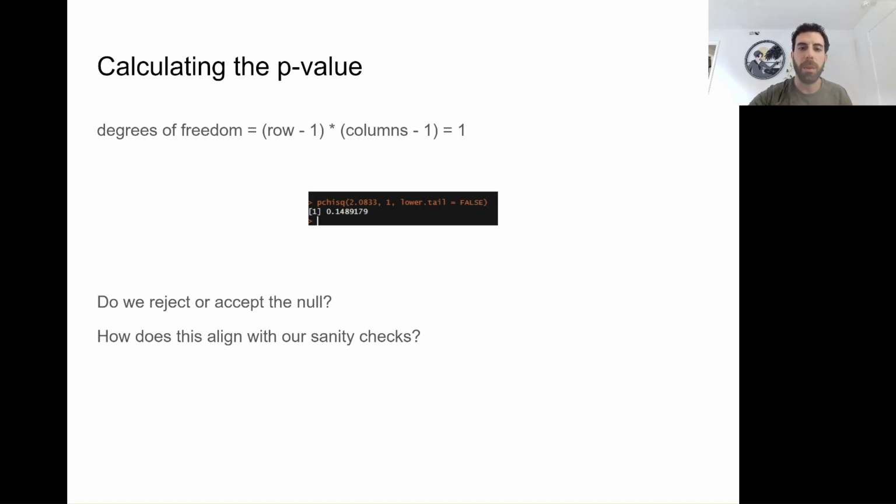In this case, there is some indication, right? Only 15% or more of sets of data would be as extreme or more than we found in our data. However, it's still not enough to reject the null.